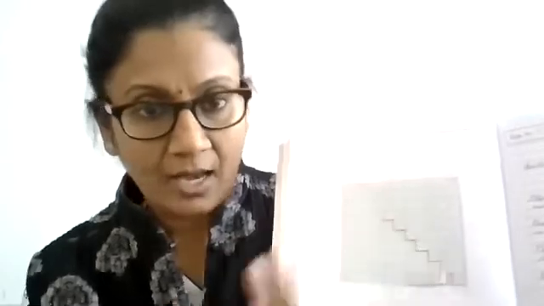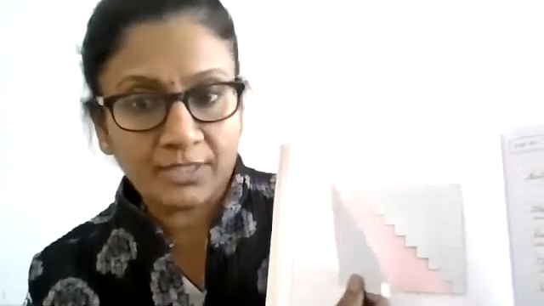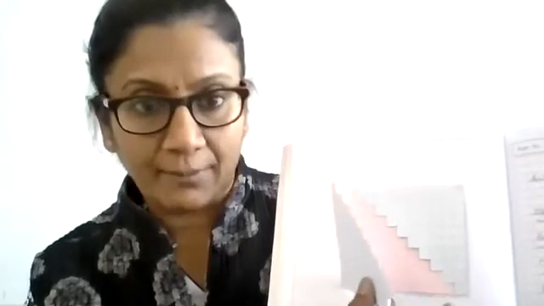So when I add all of them, 1, 2, 3, 4, when I add these squares, I am exactly adding the first 10 natural numbers. So the area of each one of them totally represents the sum of the first 10 natural numbers. All right. So that's exactly what we are trying to find out.